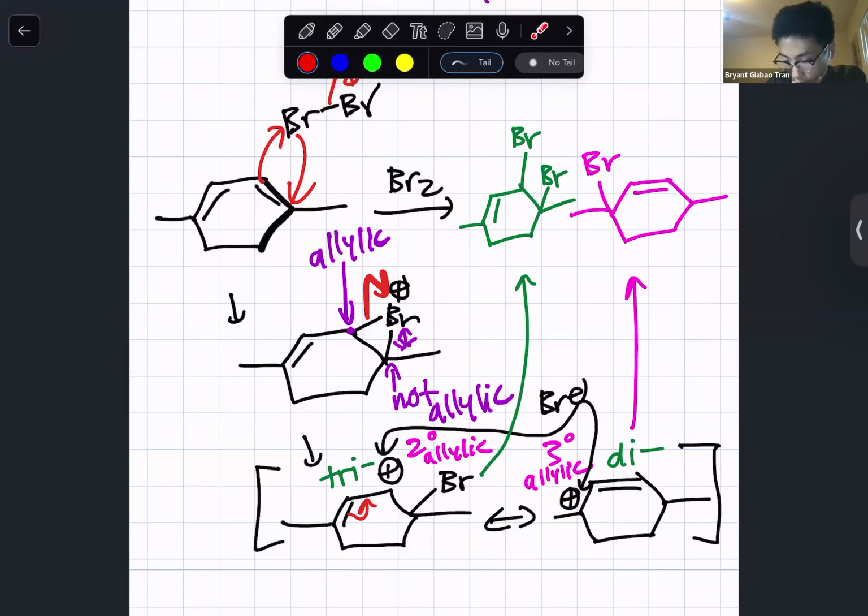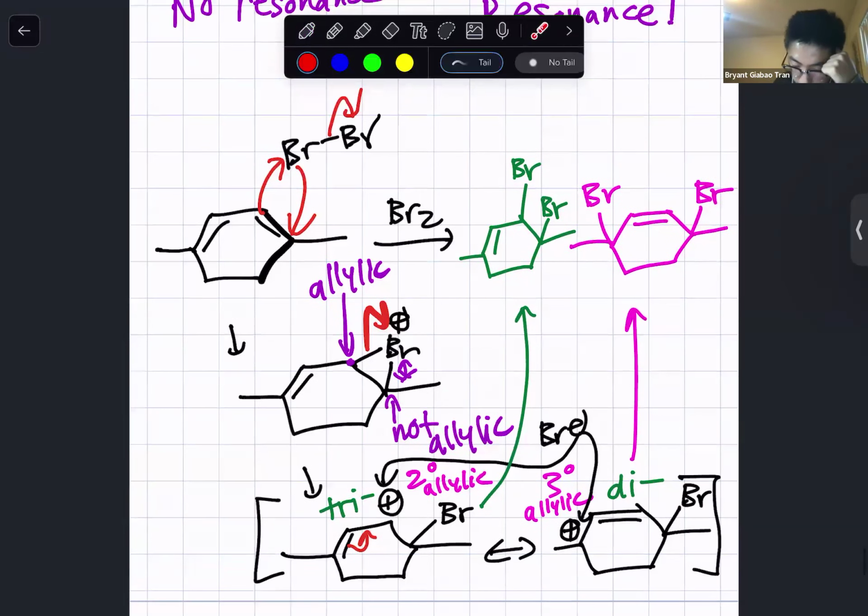Kinetic. What kinetic? There is still a bromine here when I drew out the resonance structure. Bromine, bromine. There we go.